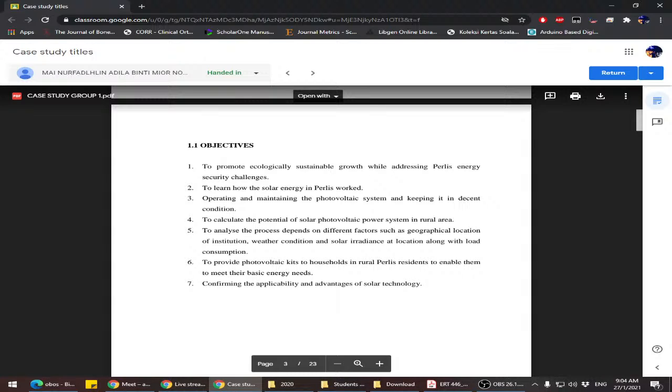You need a methodology, and after that you need results and discussion for that methodology. Also, in the conclusion, if you have seven objectives like this, you need seven methodologies, and you need all seven results, and you need to conclude them. Okay, that's good.